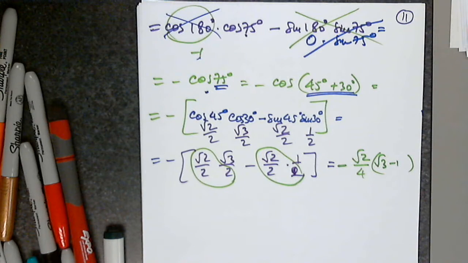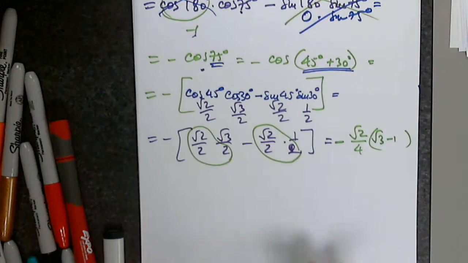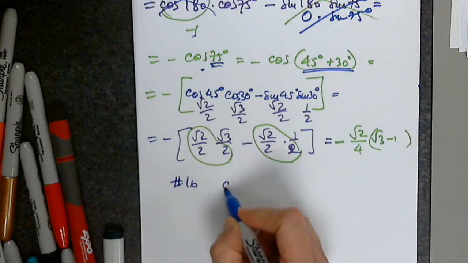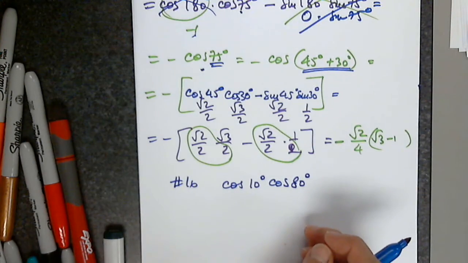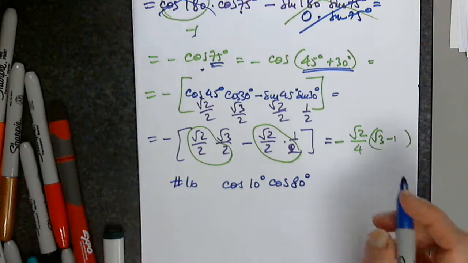We are here asked to use an addition or subtraction formula to write the expression as a trig function of one number and then find its exact value. So we are looking at problems 15 through 20, please. 16. So let's look at 16. Let's copy it. Cosine 10 times cosine 80, and then minus sine 10, sine 80.